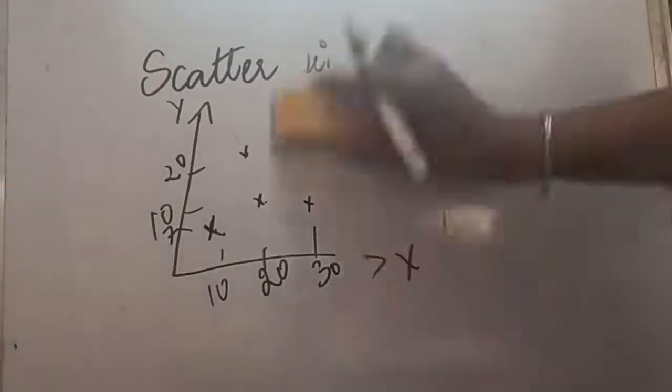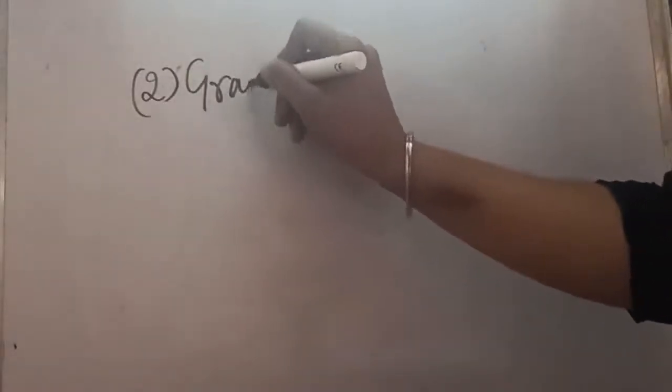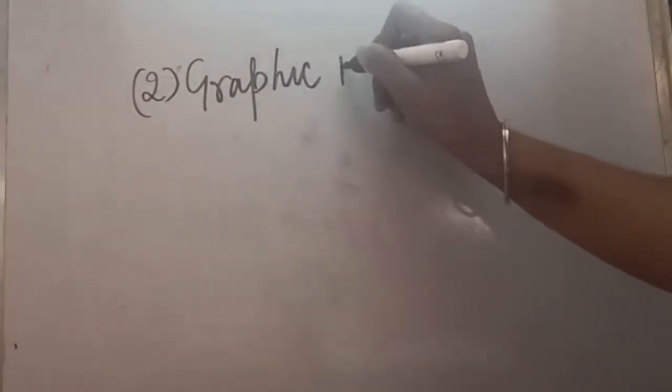Coming to the second method of correlation. The second method to study the correlation is the graphic method. It is like the previous method, the only difference being that here we will have some lines also.